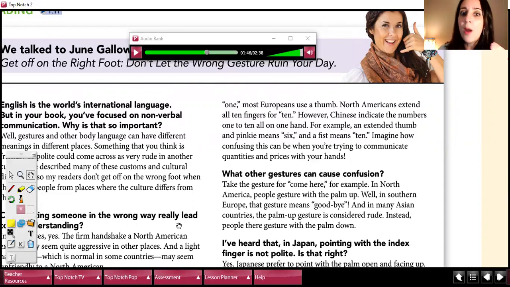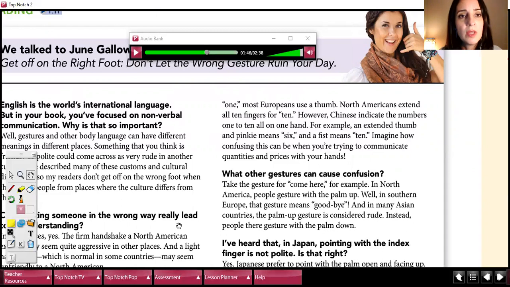No entanto, however, Chinese indicate the numbers 1 to 10 all on one hand. For example, an extended thumb and the pinky means 6, and the fist means 10. Imagine how confusing this can be when you're trying to communicate quantities and prices with your hands. So, different customs, okay?